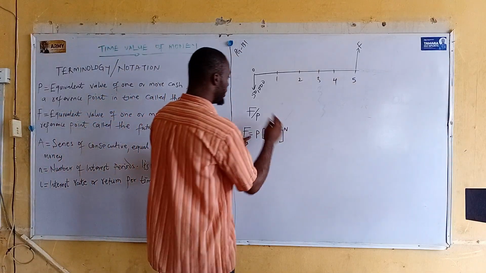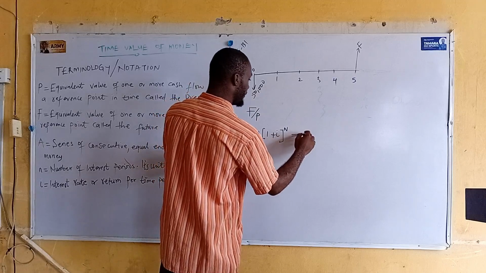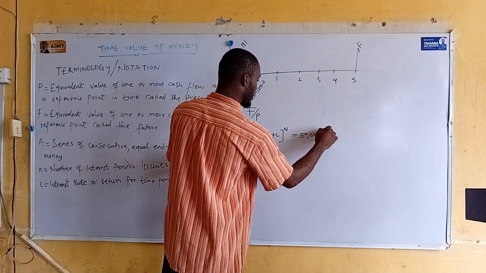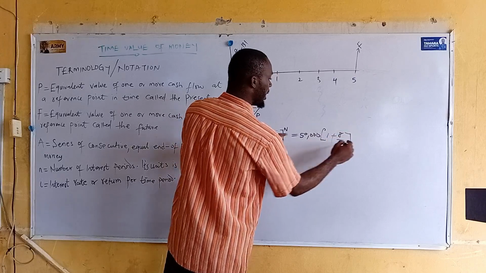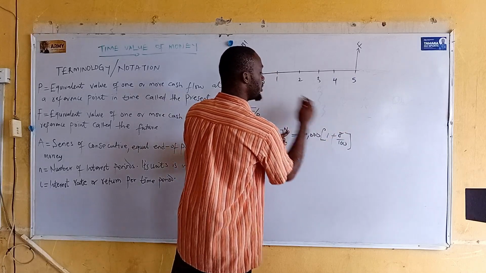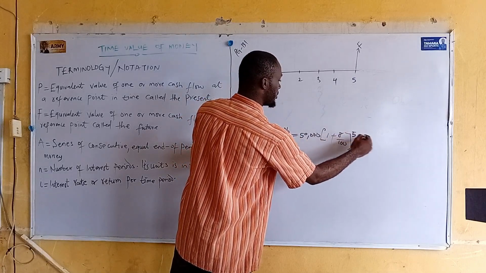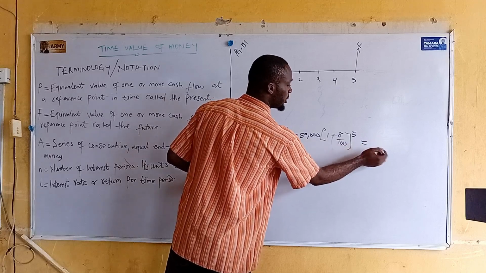So the present value is what? 50,000. The interest rate is what? 8%. And the number of years you are saving that money for is what? 5 years. So you get what? The answer.